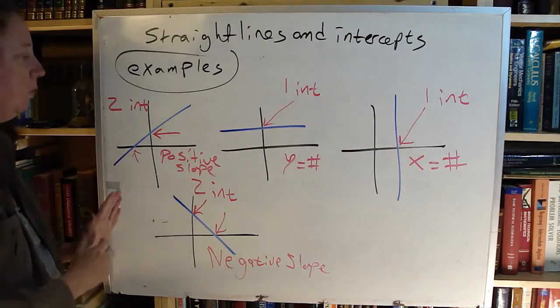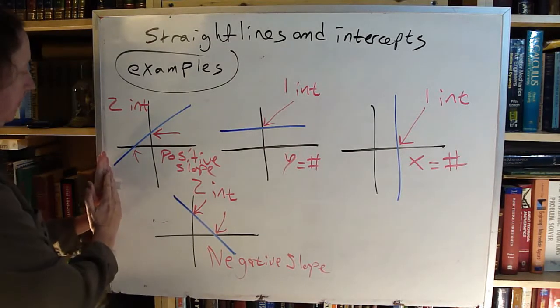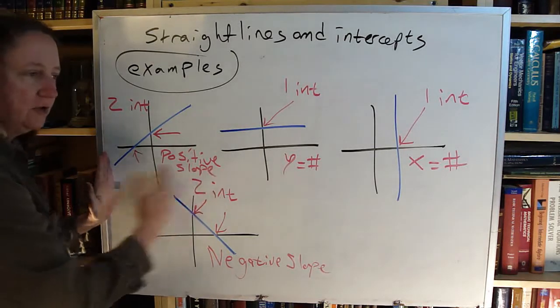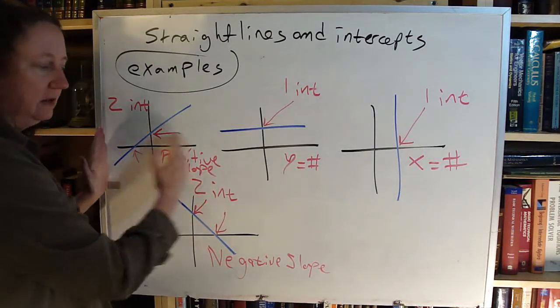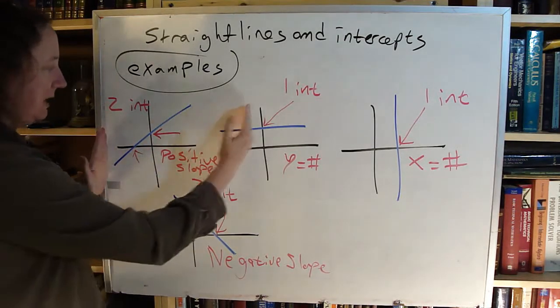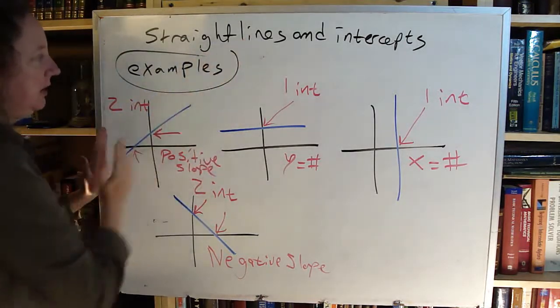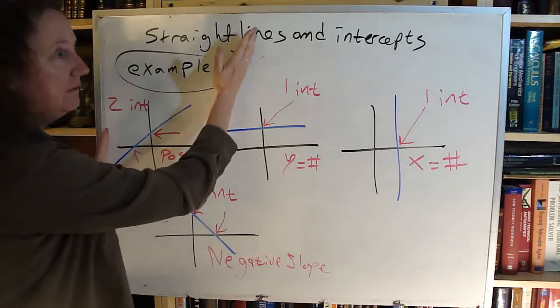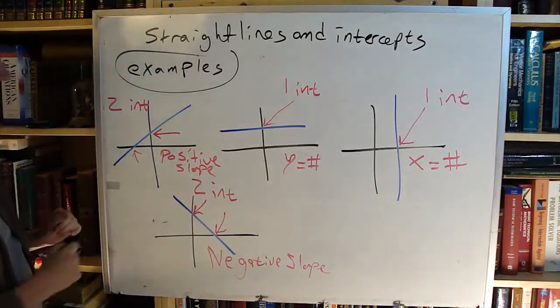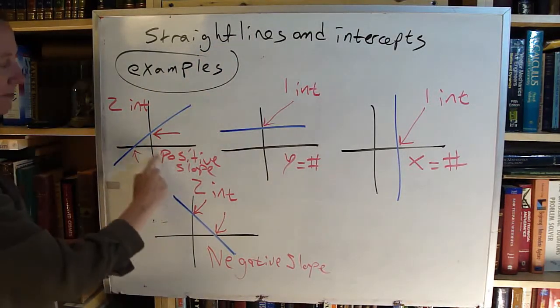With the positive slope, as we go from left to right, just like when we are reading English, we work from left to right. As we go from left to right, that line is going up. It is going into the positive direction. That is what's telling me that it is a positive slope.